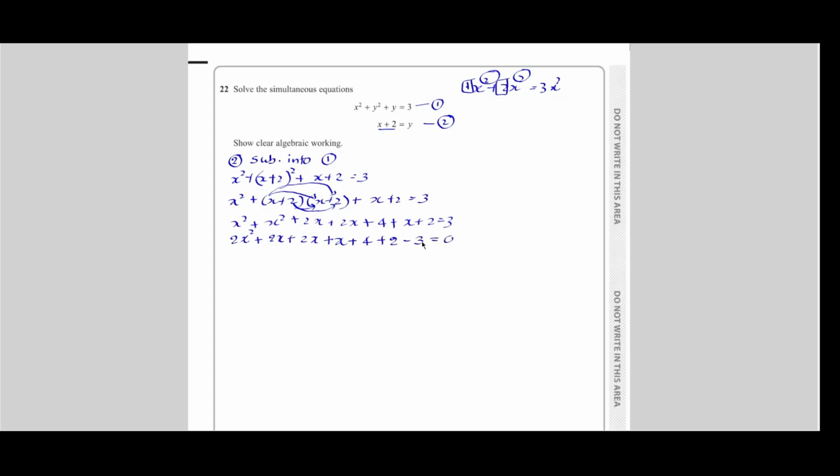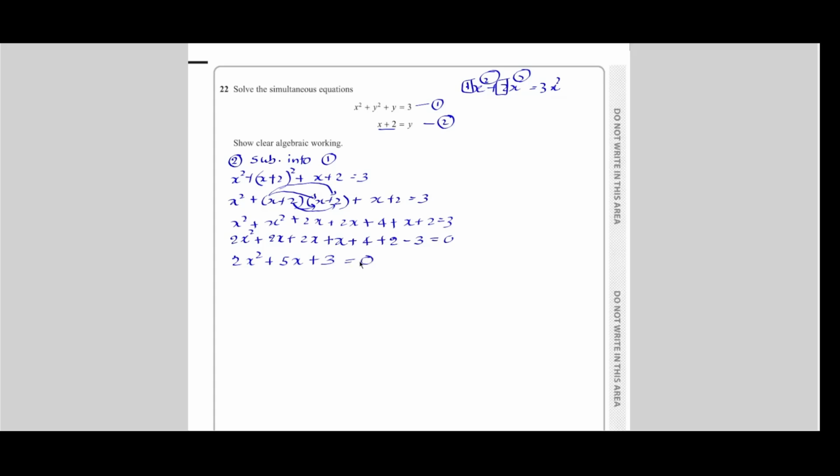We are trying to create a quadratic equation here. So 2x squared. Now 2x plus 2x, 4x. 4x plus x, 5x. We can add them. We do not change the powers. Powers stay the same. Finally, just follow the letter as it is. 5x. So 4 plus 2, 6. 6 minus 3, 3.